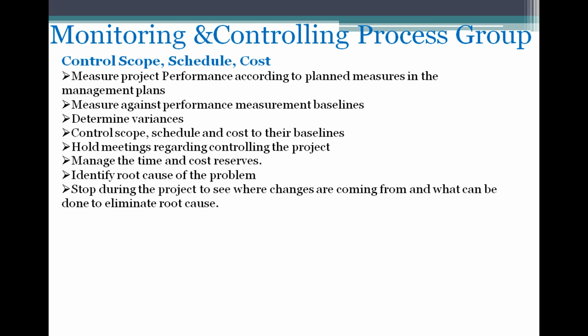Let's stop the project, have meetings, have discussions, have a detailed analysis, and determine why this change is coming, what the source is, and how to eliminate that source. Once he has done that analysis and comes up with the solution, then he starts the project again.